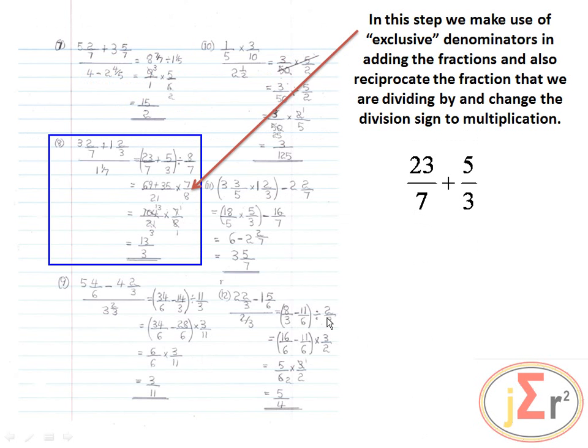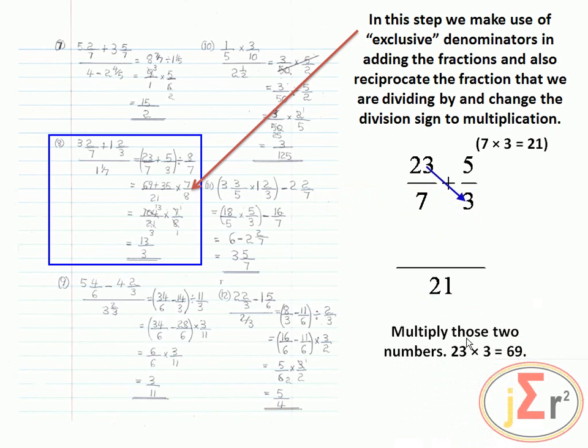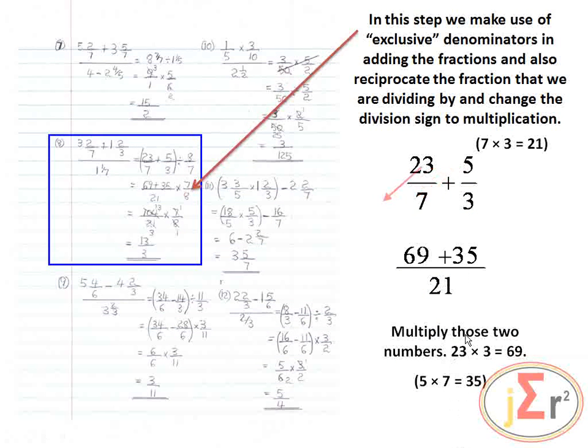So exclusive denominators, what do we do first? Find the denominator of the answer by multiplying these two denominators. 7 3s are 21. Then the two numerators, or the two numbers that will occupy the numerator position, we have 23 times 3 is 69, and the 5 times 7 is 35.